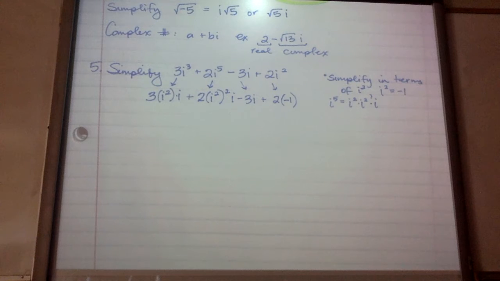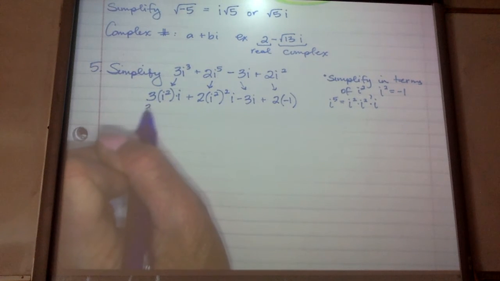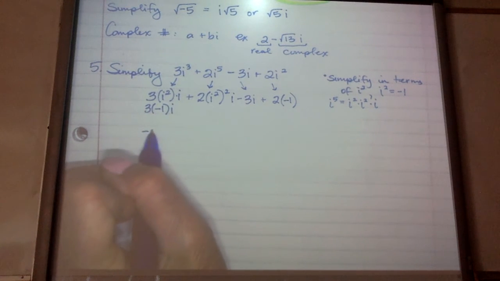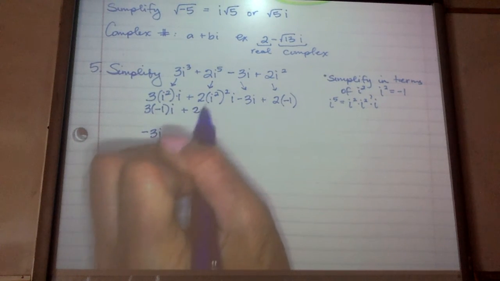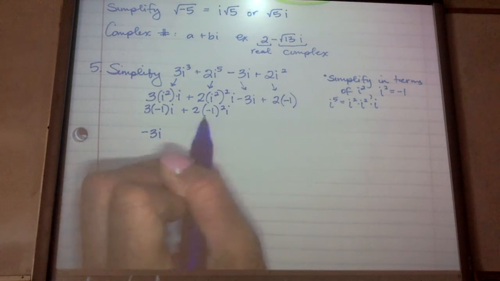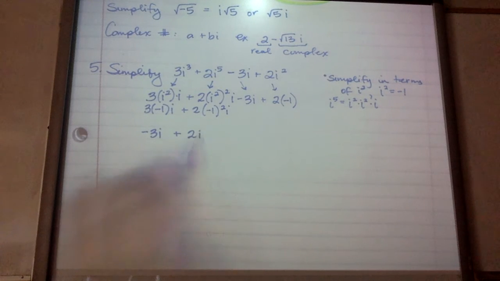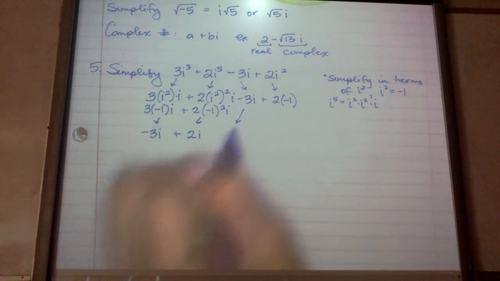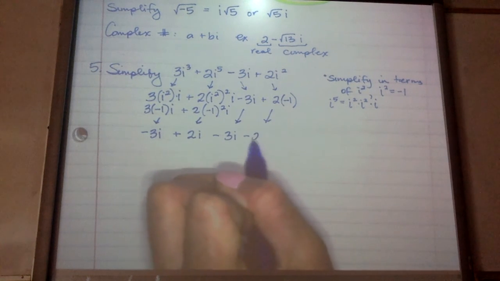So that is when I'm going to simplify each term. This is 3 times negative 1 times i, which would be negative 3i. This next one is negative 1 squared times i, which would be positive, so this is positive 2i. This one just comes straight on down; there's nothing to simplify, and this would be negative 2.